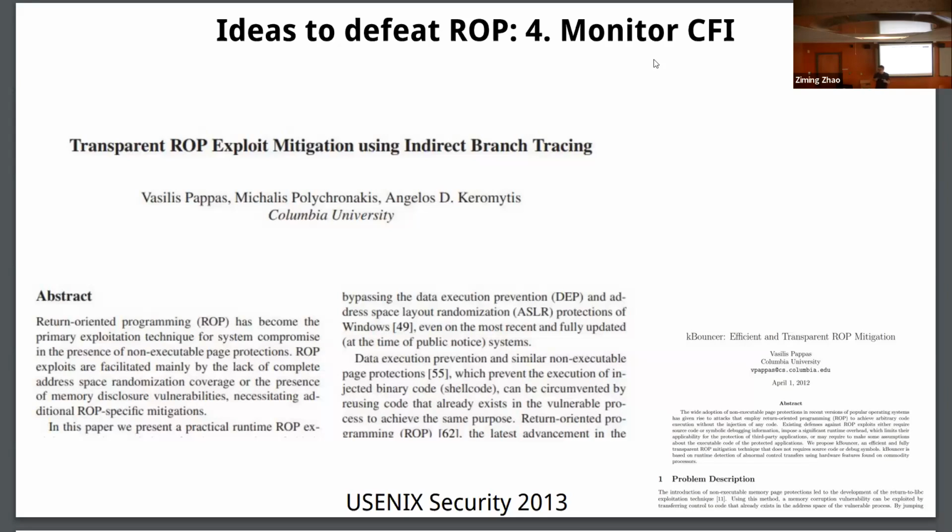And some tracers can even tell, for a specific process, what instructions it has executed. So this is more like after the fact. After the attack has happened, we look back to see if there has been an attack.